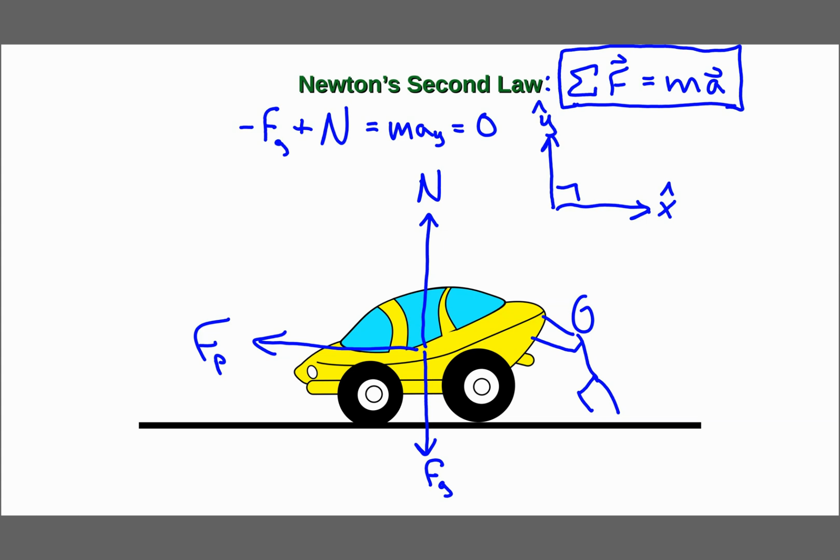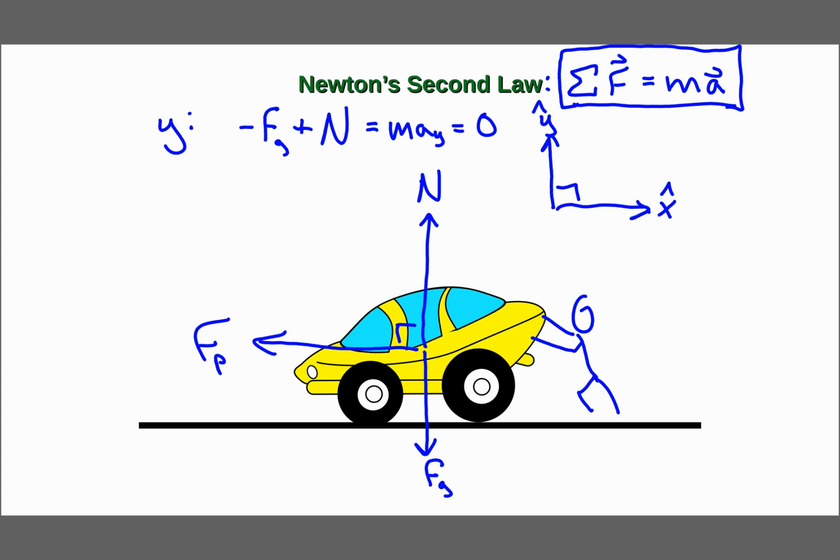Okay? And you'll notice when we considered the car sitting still, we solved it in the y direction. And in our new example where we're pushing on it, this is perpendicular to the best of my drawing ability, nothing has changed. Okay? We still have this same equation in the y direction.